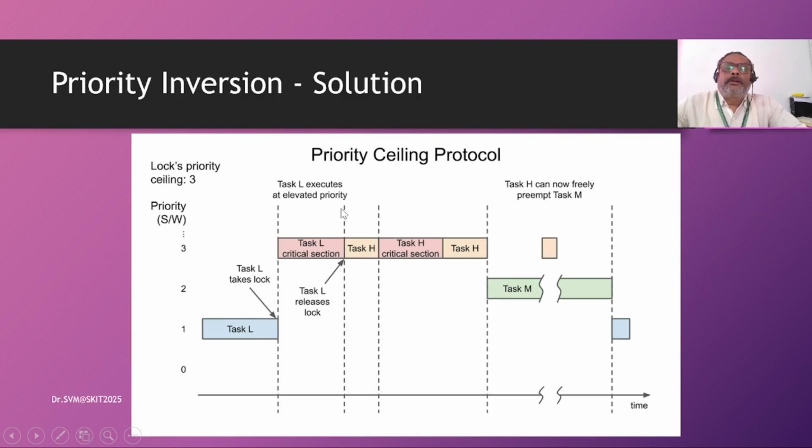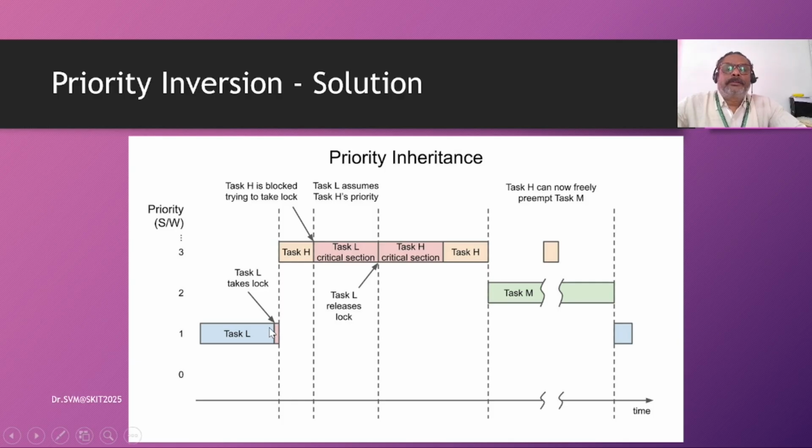Here in the ceiling process, the moment the low priority process wants to get into the critical section, it is executed totally at the high priority level. But in this one, it continues to execute at low priority until the high priority process comes to run.